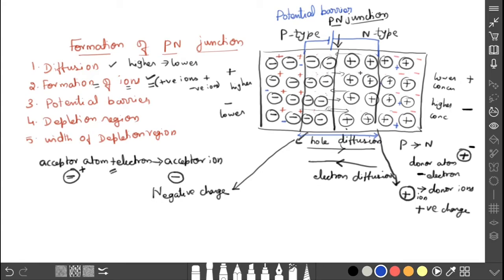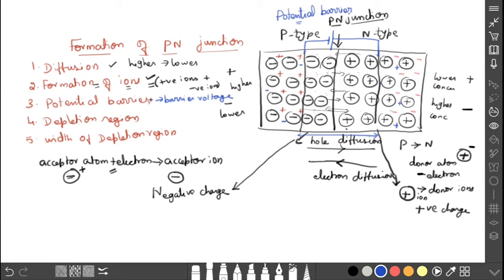So this area behaves like a wall, like an obstacle, by using the potential energy. That is called the potential barrier. It is also known as barrier voltage or barrier potential. Some other names are also given to it.